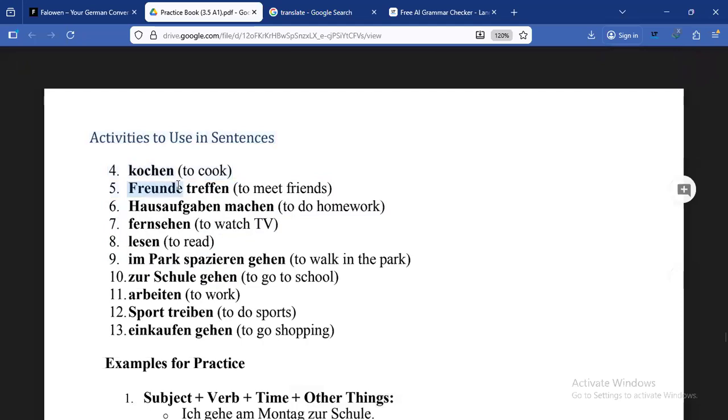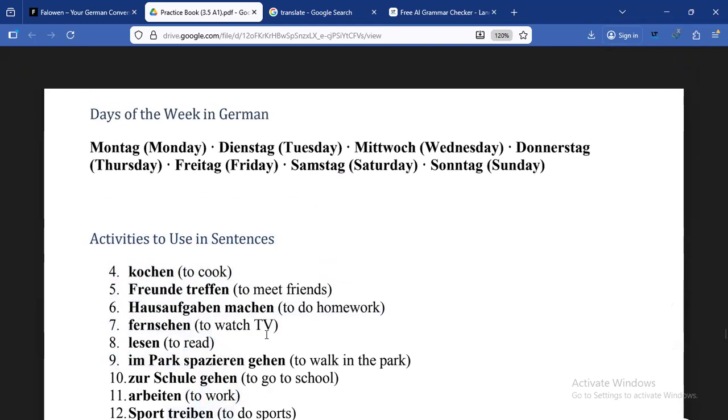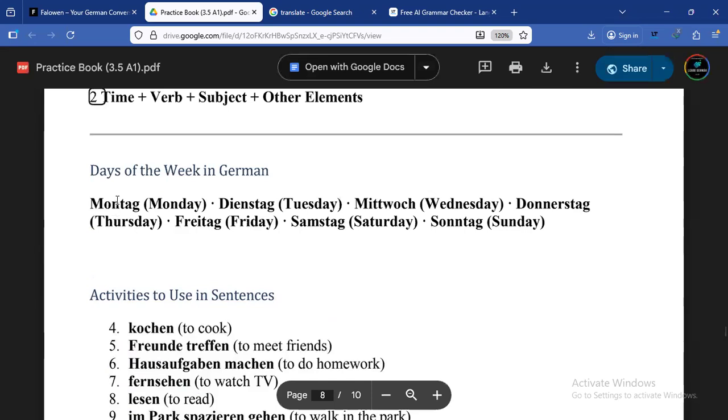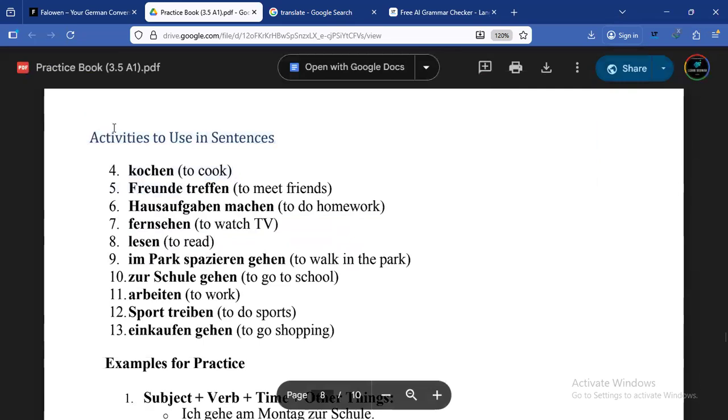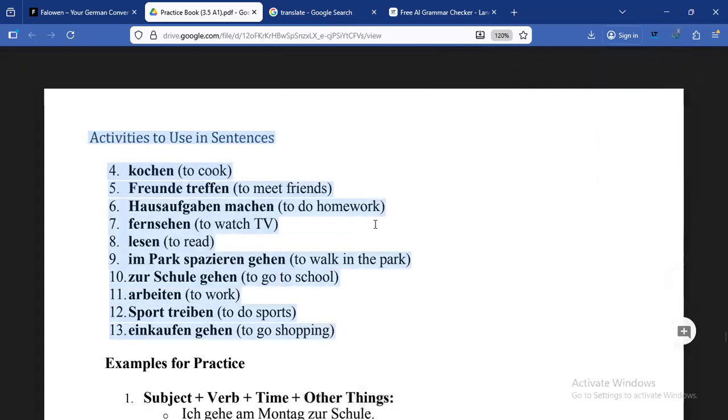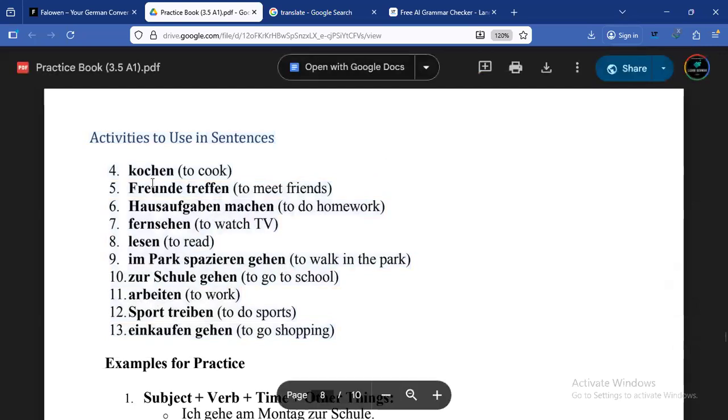We have 1, 2, 3, 4, 5, 6, 7, 8, 9, 10. And you are just telling me Monday to Sunday, that is 7. So randomly pick 7 words from these activities. And we have Freunde and Treffen.